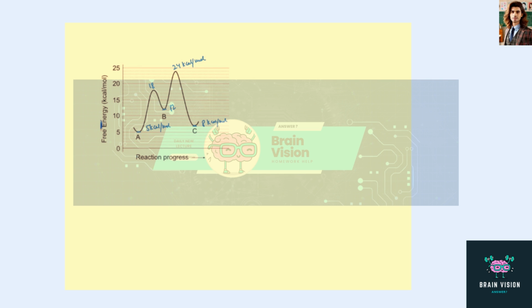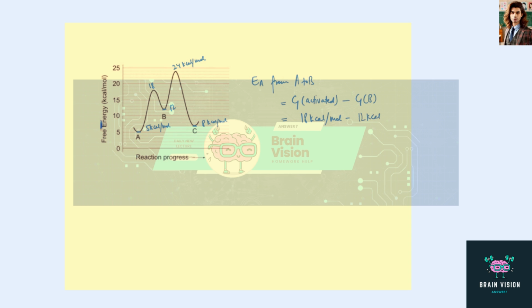Now the activation energy required from A to B will be equal to the Gibbs free energy of the activated complex minus the Gibbs free energy of the product B, and therefore it will be equal to 18 kilocalories per mole minus 12 kilocalories per mole.